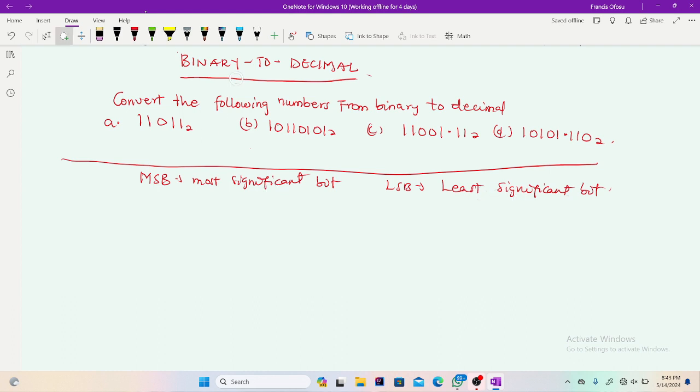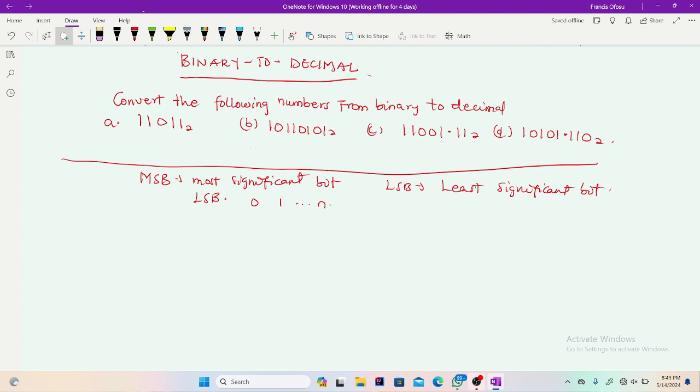So how do we convert binary to decimal in general? To do that, we tackle the LSB. We start counting the LSB from 0, 1, up towards the last term, let's say n.